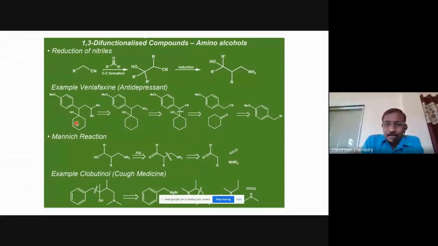Also, this is a very important part to understand in detail. So if you observe, in this case, we have to disconnect these two methyl groups, that is alkylation. We can get NH2, and we know how this CH2NH2 is obtained. How is this CH2NH2 obtained? This is obtained by the reduction of cyanide or nitrile.